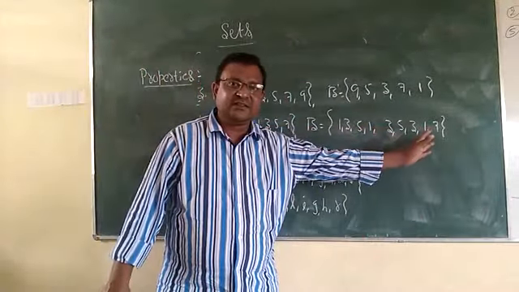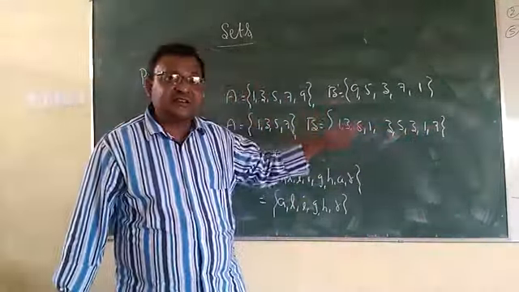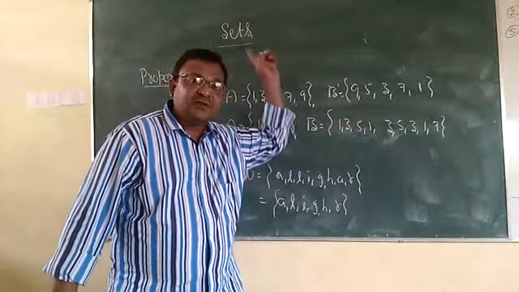Here some more elements are written. But I am telling you both the sets are the same. How? Rewrite this one by using the first property.